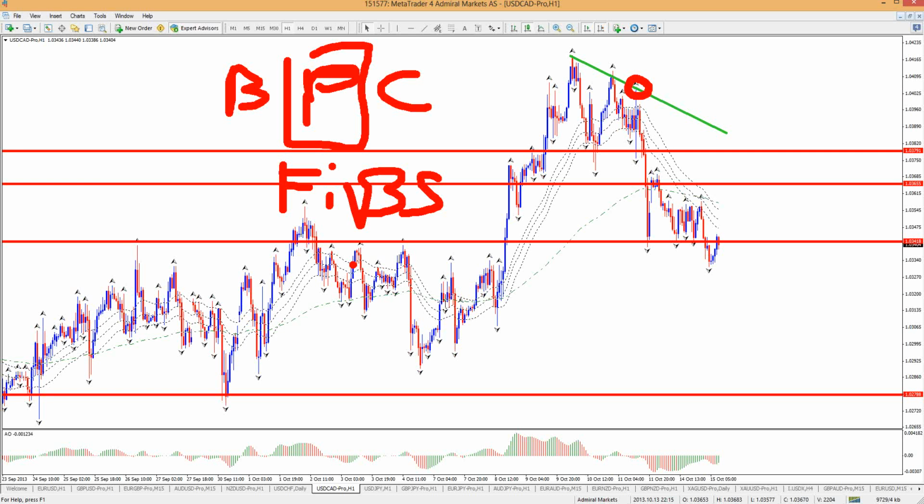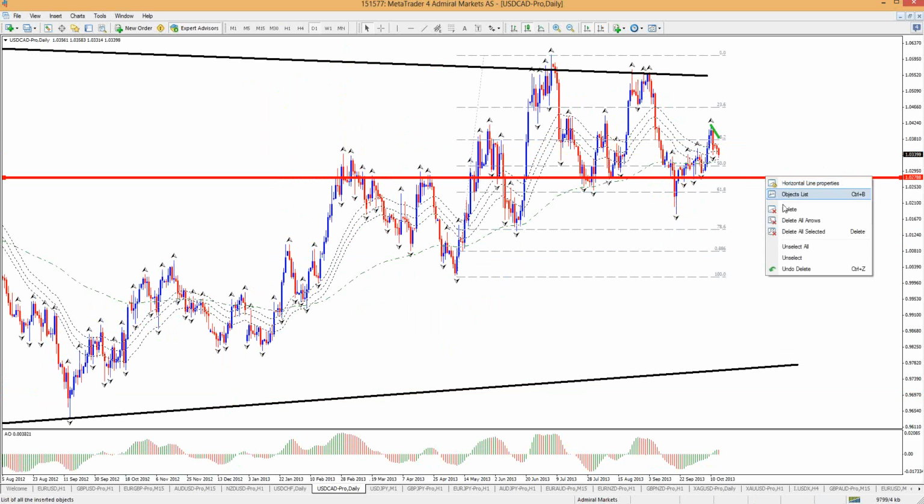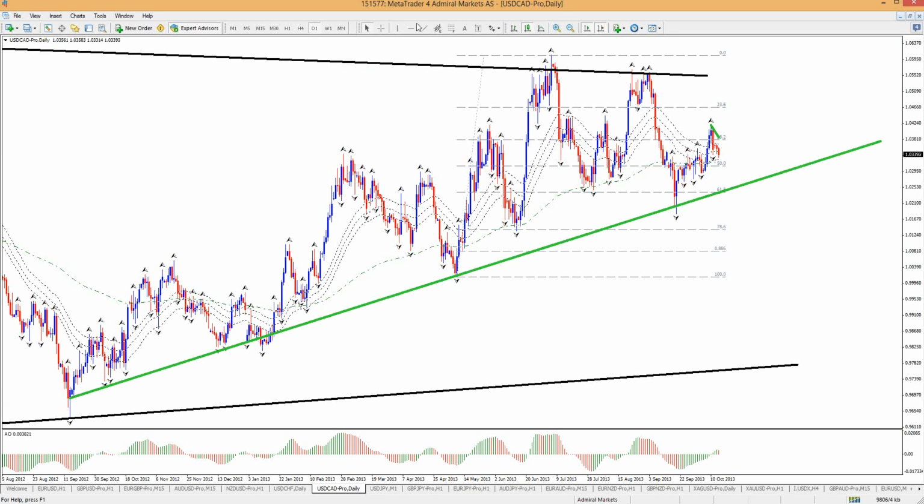Let's see. So this is the dollar CAD. Let's start with the daily. A lot of red lines here. Not sure, I forgot why, so I'll just take them off. What do we have here? We could have a potential uptrend channel, in fact.